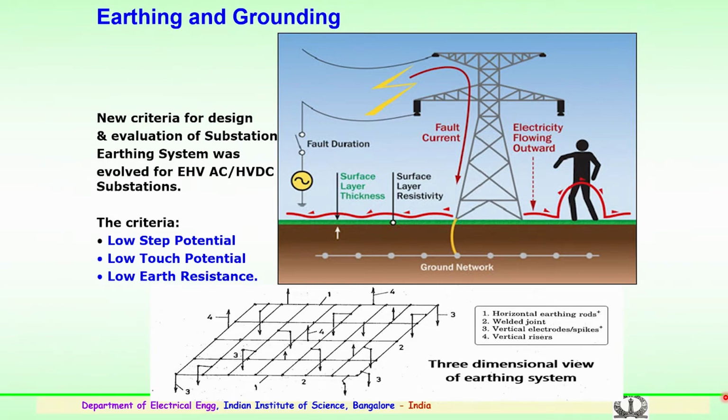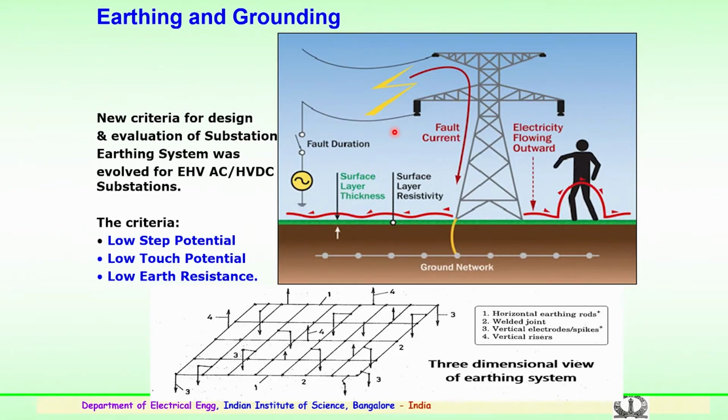Very important is the earthing or grounding. It depends on various factors: the surface conditions, the soil, the surface resistivity, the current flowing into the ground, and the fault current, which could come because of lightning or an electrical network malfunction.